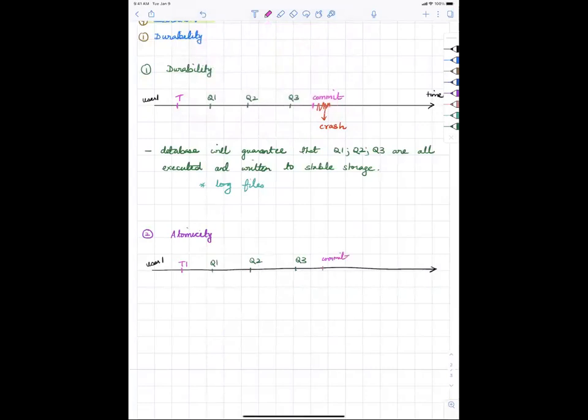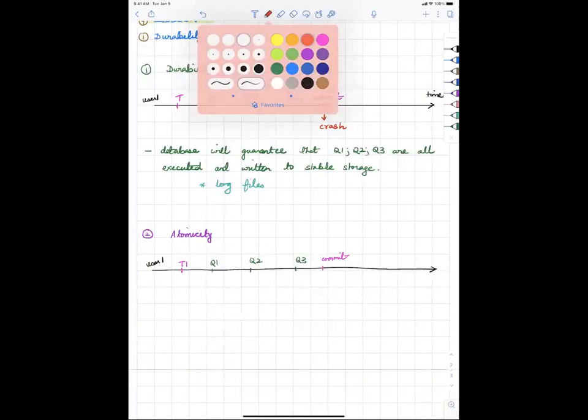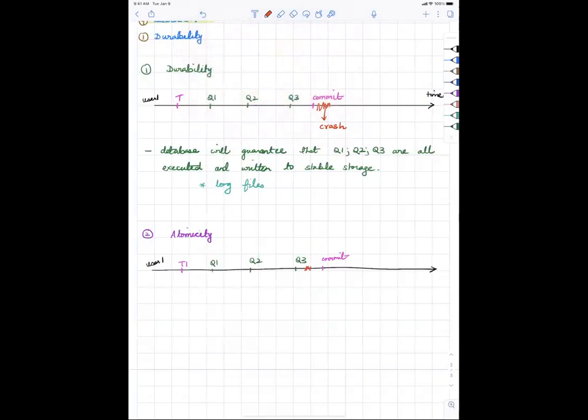Now the idea is that before you got to the commit, let's say there's a crash here, so you didn't get a chance to do the commit. Or a crash happened here, it could be there or it could be here. In all of these cases, it's going to roll back.